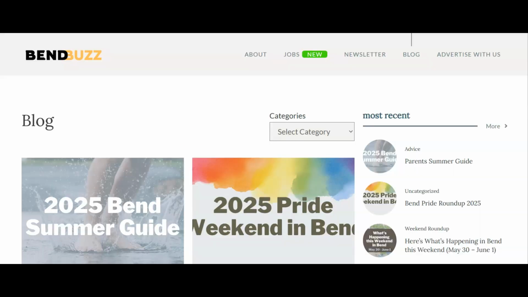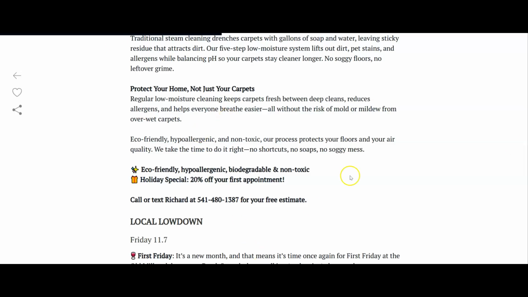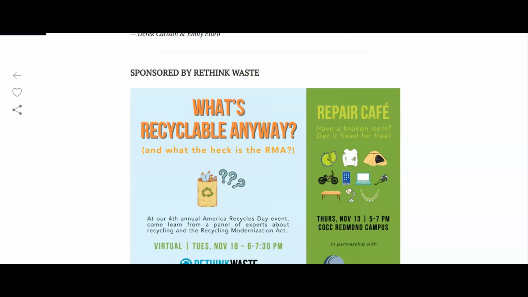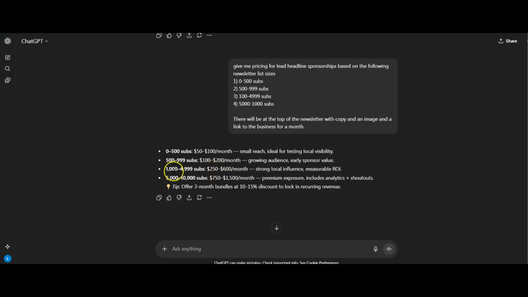And most people will say, yeah, you know what, I'm going to do that. And if you're getting, let's say, 2 ads in a newsletter, because we had this big one in the middle and this one at the top, and you're in this bracket here, then that's $500 a month from 2 advertisers.